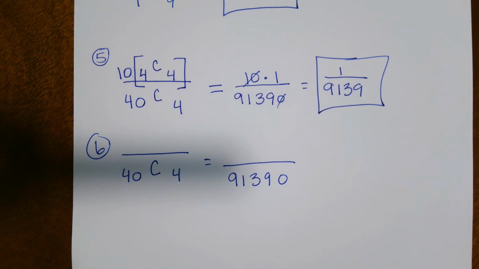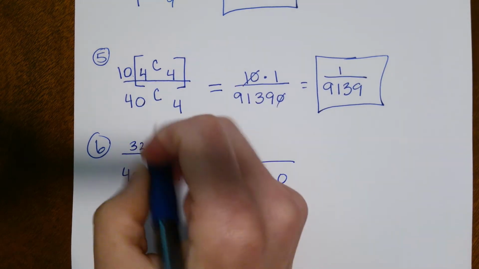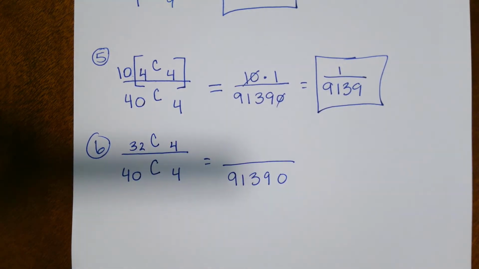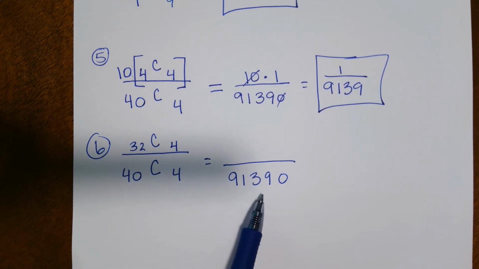All right, so the top, this is the actual event. So I want to know what's the probability that all 4 of them are going to be teachers. So my event is picking teachers. How many teachers do I have? I have 32, and I want to know how many different ways can I choose 4 of them. So again, combination, because if I pick you, I picked you. You're on the committee, it doesn't matter the order. So I have 32 choose 4 over 40 choose 4. We already said the 40 choose 4 was 91,390.